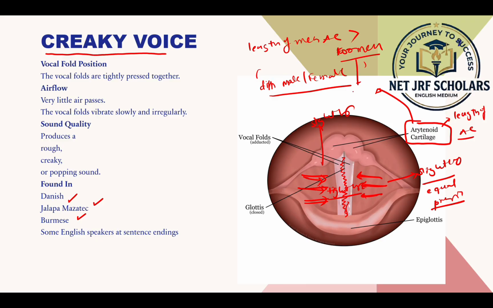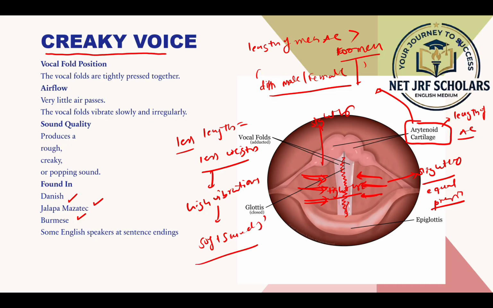When there is less length, there is less weight. If there is less weight, there is high vibration. When there is high vibration, there is a soft sound. So the voice of a woman is soft because of the difference in the length of the arytenoid cartilage.